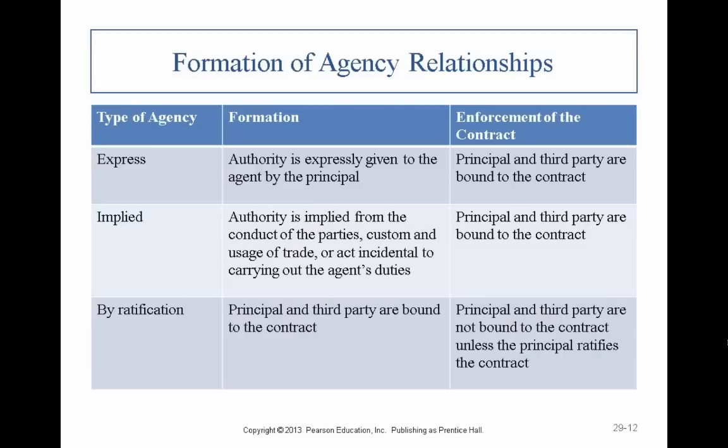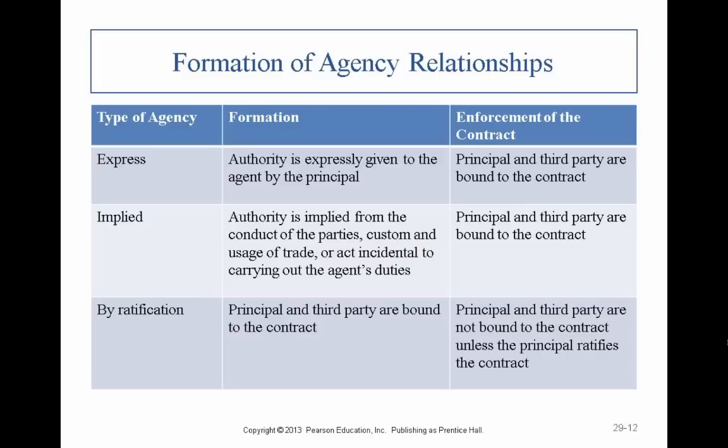Another way is by ratification, and to ratify is to approve, right? So ratification is, well, I authorized my agent to buy property for me up to $1 million. They went out and actually bought a property that was $1.1 million, but it hit every wish list that I had.